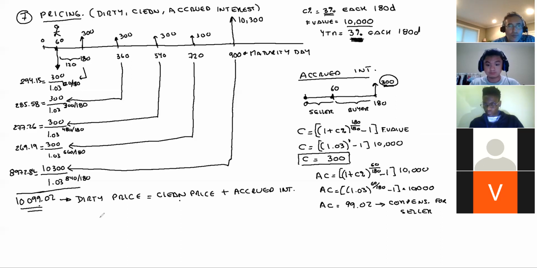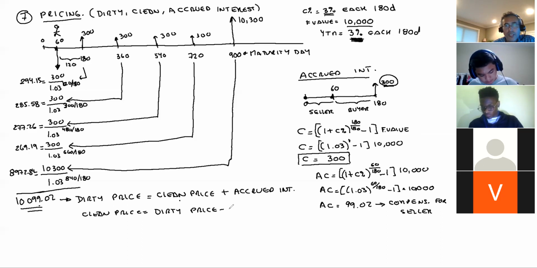Got it? So now, guys, from here, the clean price is going to be equal to the dirty price minus the accrued interest. Let's call it AI. So basically this is equal to 10,099.02 minus 99.02.